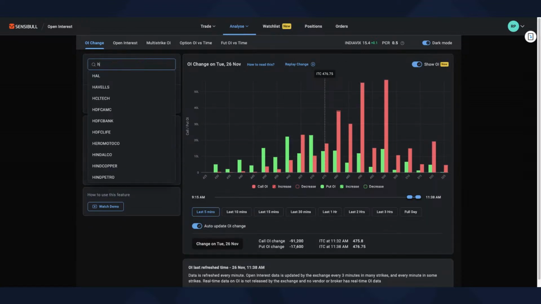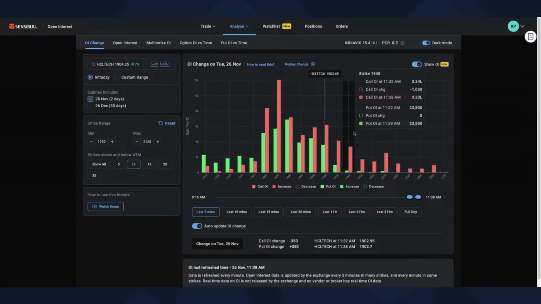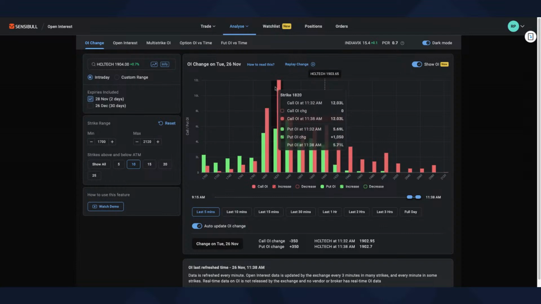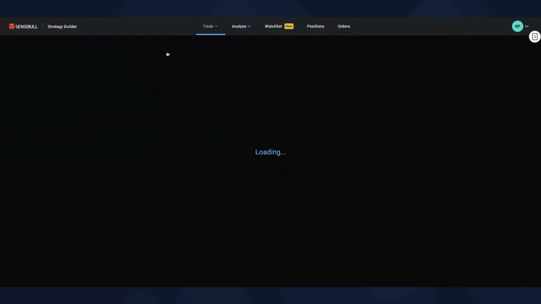You have HCL Tech, again 0.7. So I think this will give you at least for the expiry some bit of confirmation. But right now, my view is Nifty expiring above 24,500 is very unlikely, even if I have to do a strategy, right? Let me quickly do a strategy on the Nifty side.